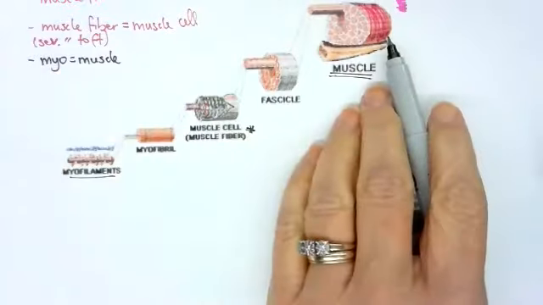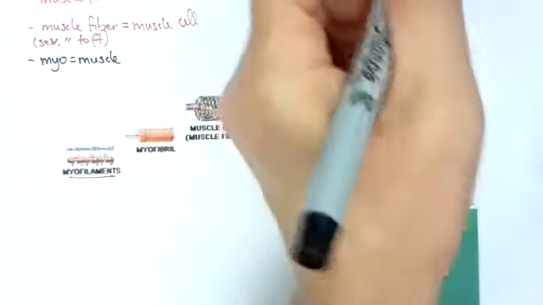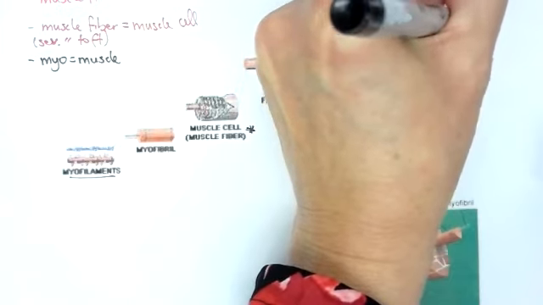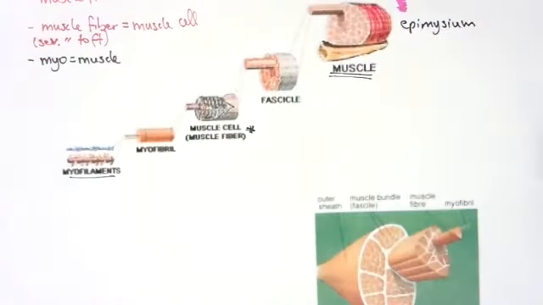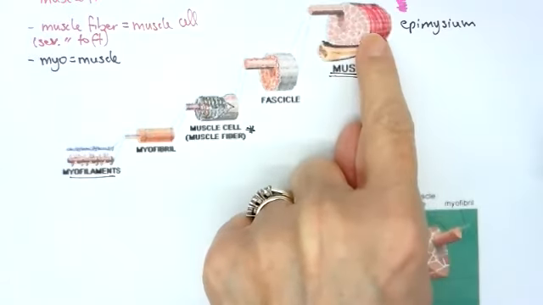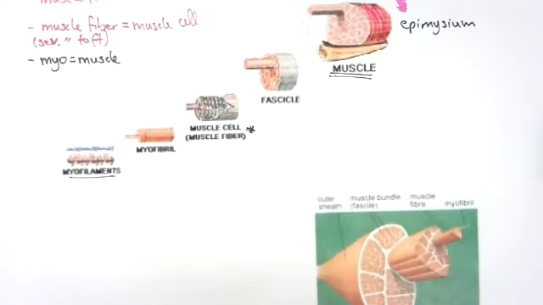So because this lies upon the muscle, this membrane is called the epimysium. Epi, upon, and myo for muscle. So it's the membrane that lies on the muscle, and it wraps around the entire muscle. If you imagine you took a handful of pens and wrapped them in saran wrap, that's what it would be like.